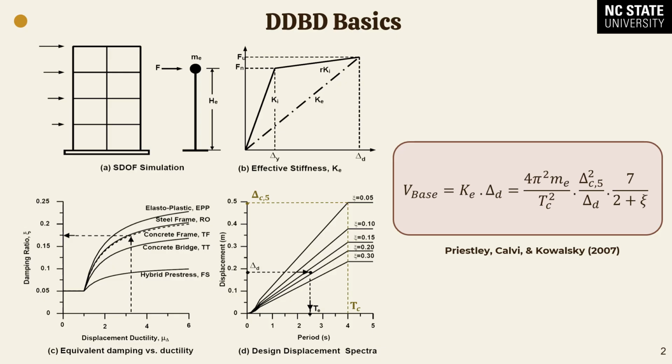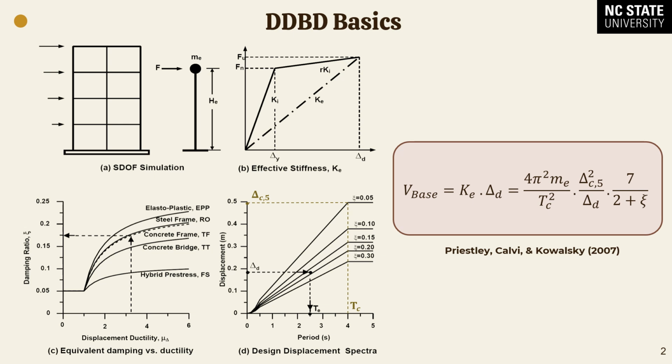So in terms of displacement-based design, I think this slide really describes the procedure rather completely. It's an approach that utilizes an equivalent single degree of freedom system to represent a more complex multi-degree of freedom system, such as a multi-story building or a multi-span bridge.